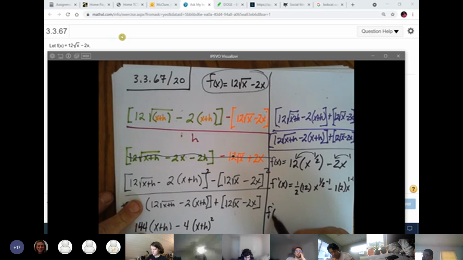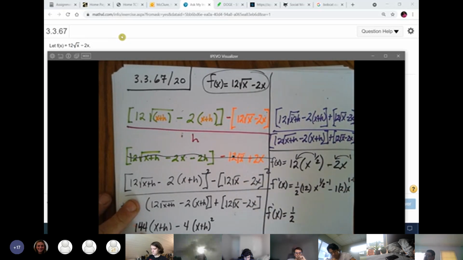And f prime of x is equal to 1/2 times 12, put a 12 up here, it'll be 12 over 2, x to the negative 1/2, minus 2x to the 0.